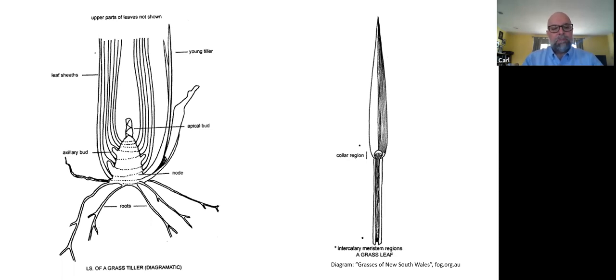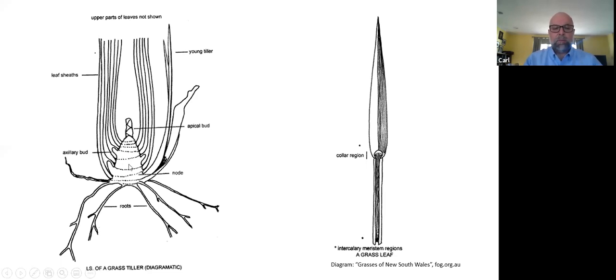Okay. When the grass starts making a transition to its reproductive phase, that stem starts to elongate. So these are the different nodes on the stem.